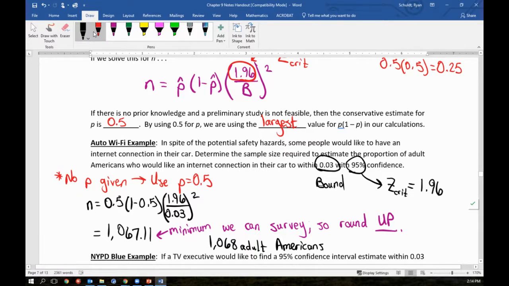You wouldn't just pick 1,068 to send the survey to because, like you said, some won't respond. Then you have to keep hoping. You can send more out, but then what happens? Your sample size keeps growing. So that's just the minimum you can do.